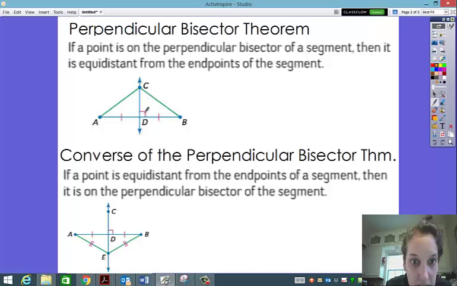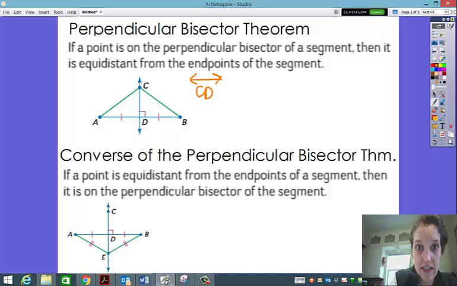It's bisector, check. So line CD is the perpendicular bisector. And remember for perpendicular, we can use that little upside down T symbol. So writing out the whole word perpendicular is kind of annoying. You can shorten it with the symbol.